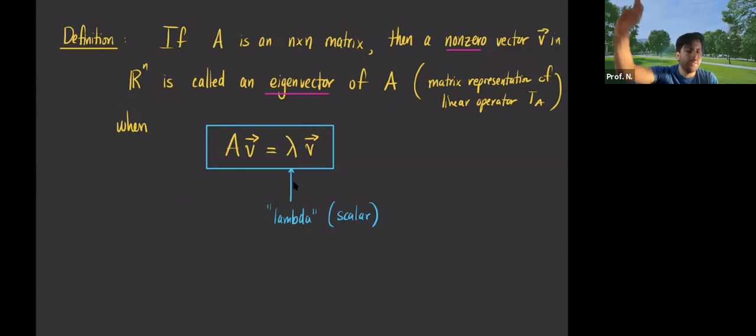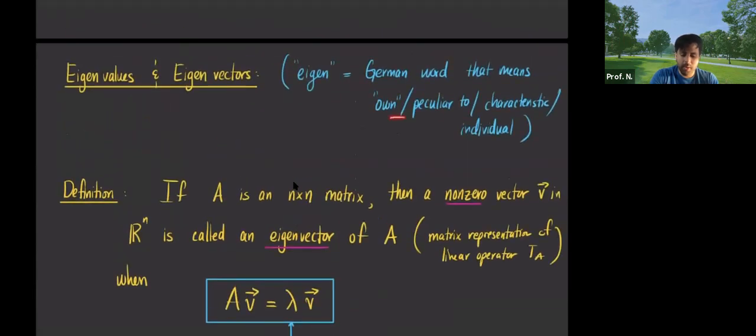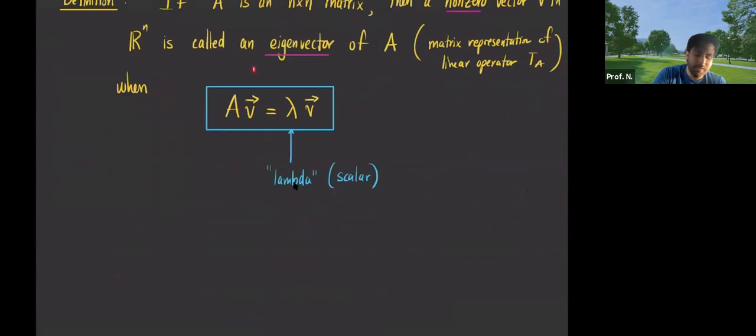But when you find an eigenvector, which is peculiar to, characteristic of, that's why eigen, right? There's a particular eigenvector associated with this matrix that when you multiply it by that matrix, it's equivalent to getting a scalar multiple of that vector. And that's pretty significant in the world of linear algebra.